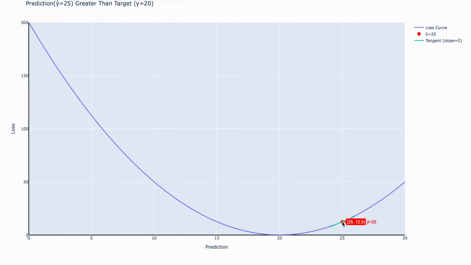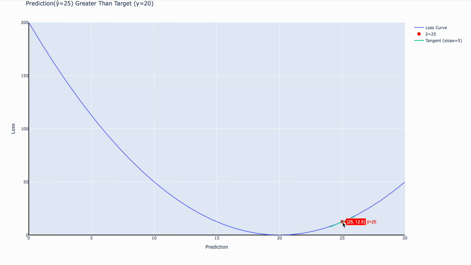So now, what happens to the neural network? Well, the neural network knows that, hey, we overshot, and we're going to have to decrease the weights in this case. Okay? And let's see what happens. Over here, the prediction is 25 and the error is 12.5. Now, the slope over here, or the gradient, is 5, okay?